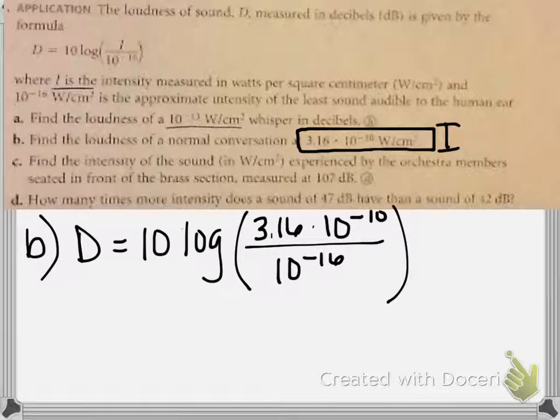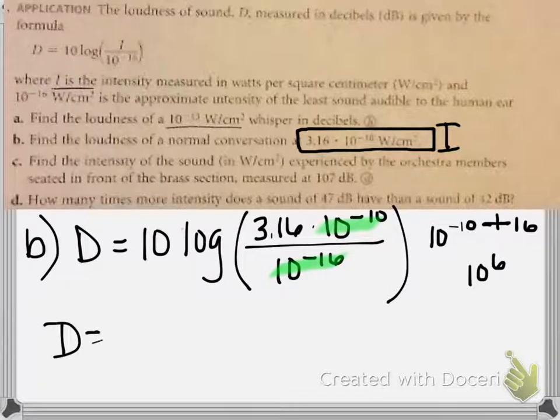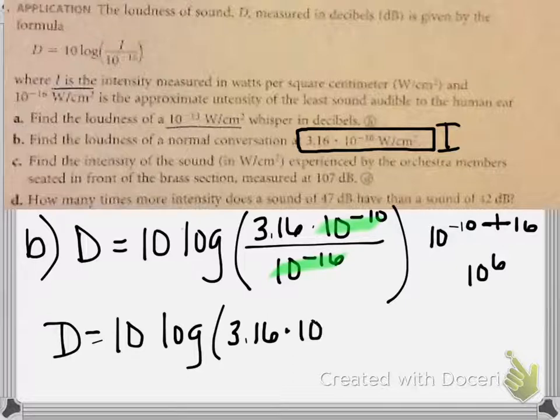So again, simplifying here, I can simplify this with this, and I would have 10 to the negative 10 minus negative 16. Again, minus a negative is adding, so this becomes 10 to the 6th power.